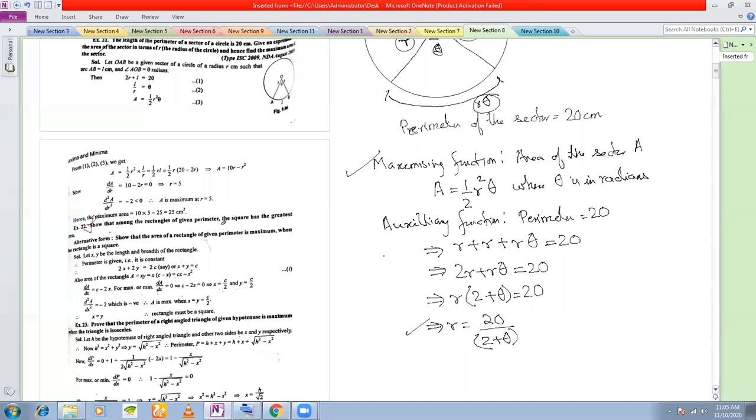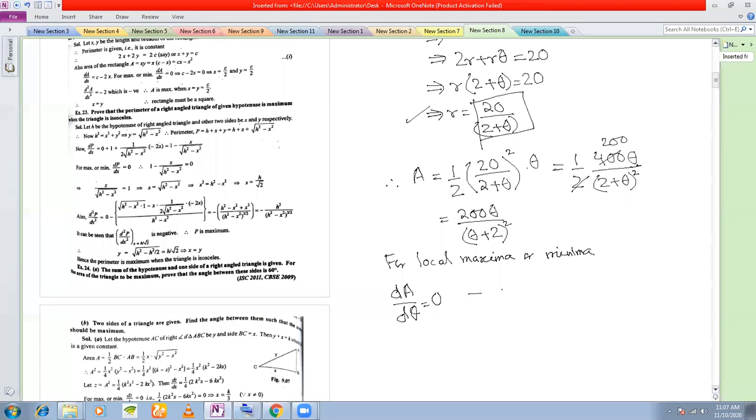Now for local maxima or minima, what will you have? dA by d theta is equal to 0. The value of A here is 200 theta divided by (theta plus 2) whole square.